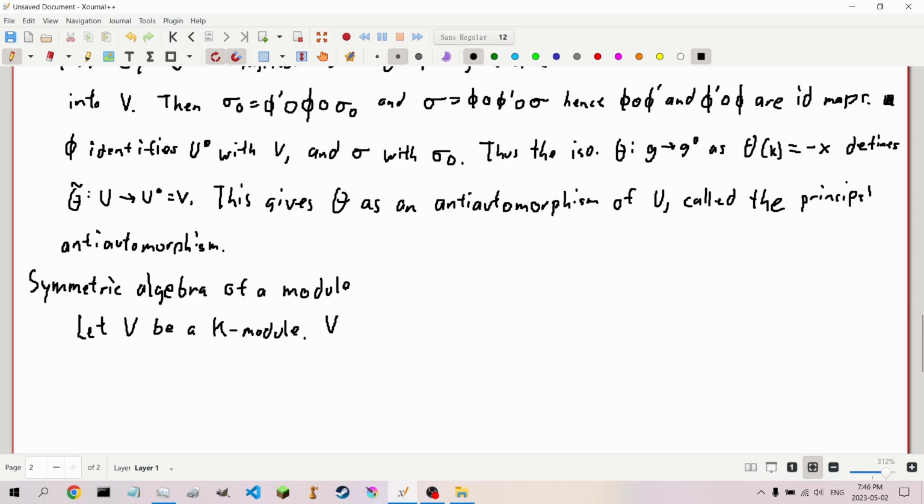So it says here V can be considered a commutative Lie algebra, and this is obviously going to be unique with the bracket being 0.